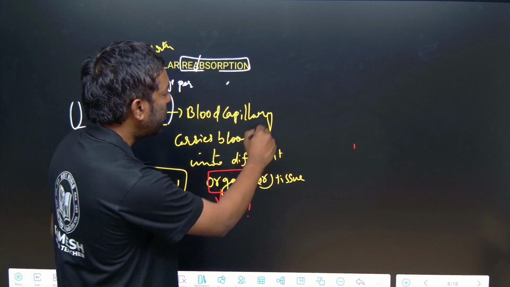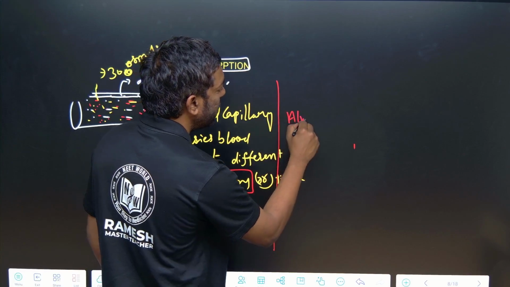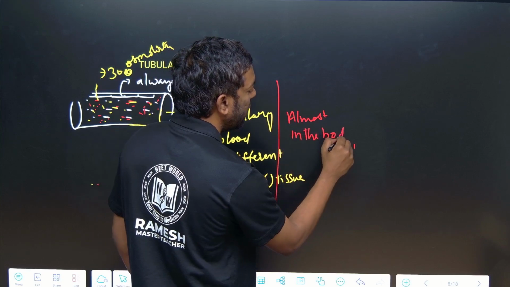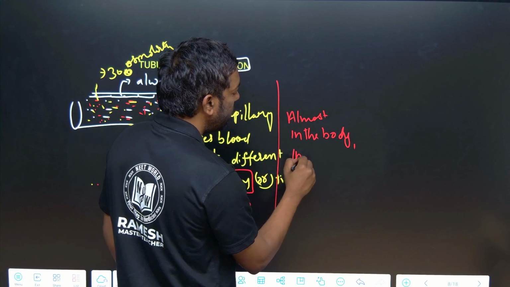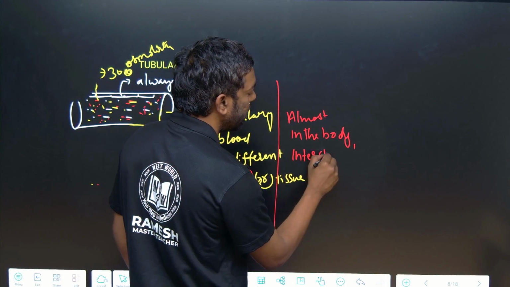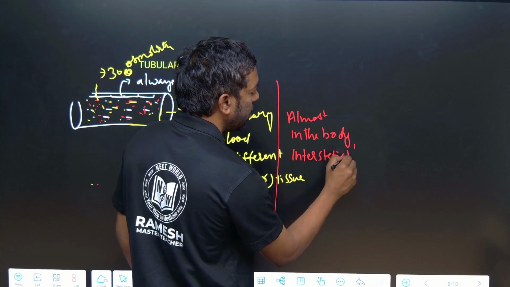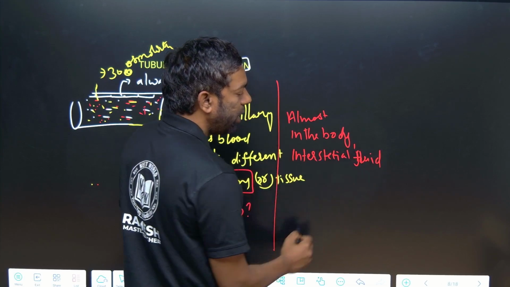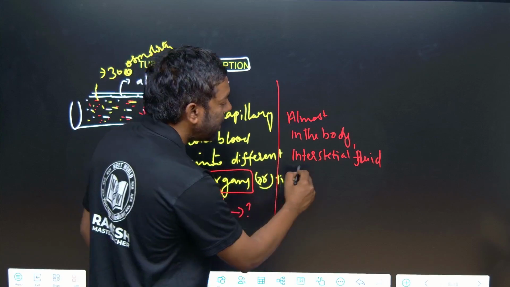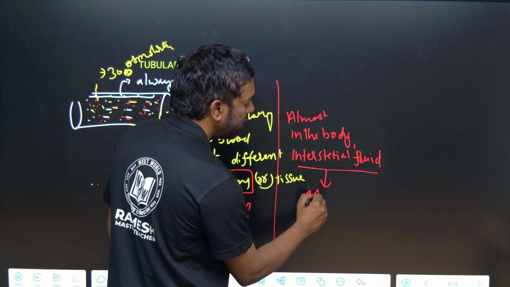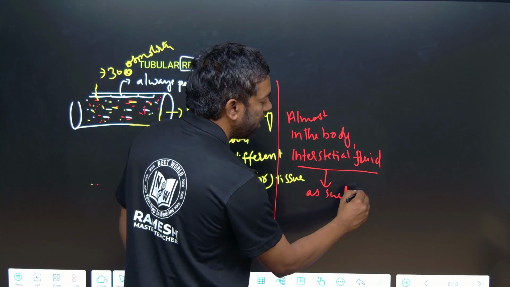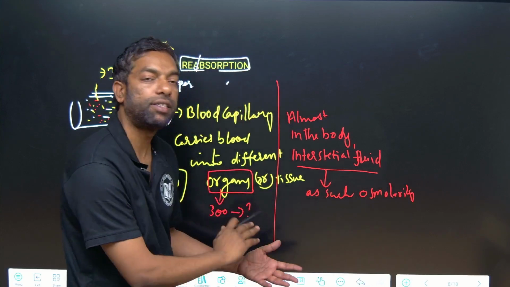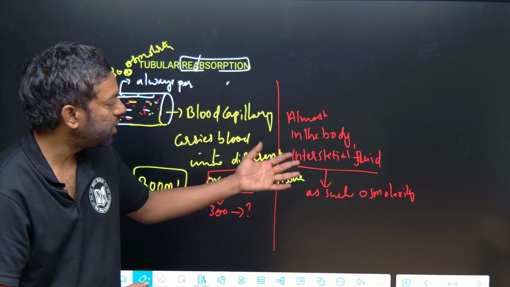So in the body, the interstitial fluid has the same osmolarity, meaning the same ionic concentration as the blood. What is interstitial fluid?